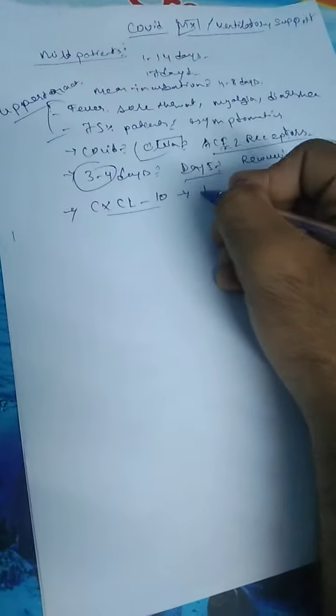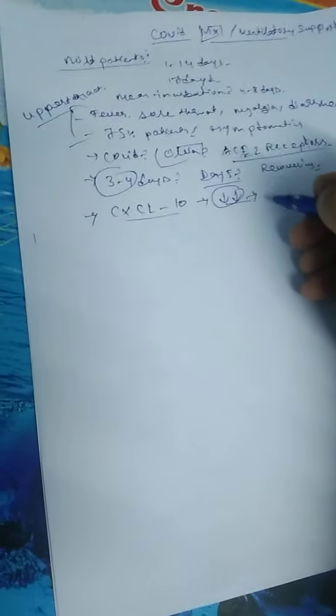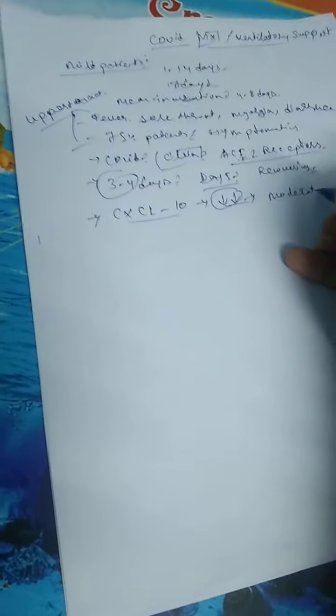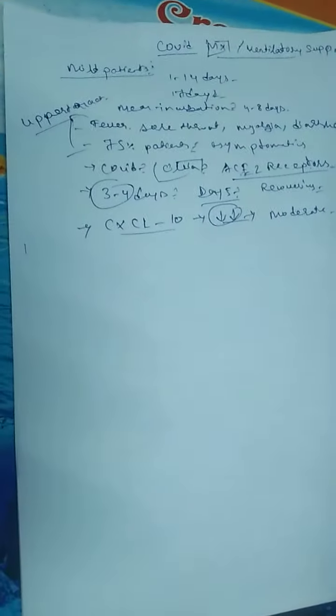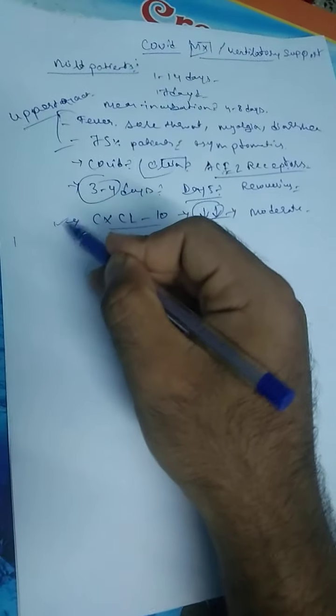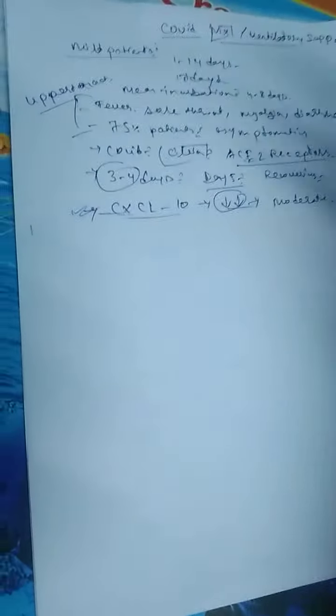This reduced form of CXCL10 has a high propensity of turning into a moderate or severe form, leading to other complications. We don't know how to measure CXCL10 or see this, and the proper explanation is not clear, but we have confirmed evidence that CXCL10 gives rise to it.